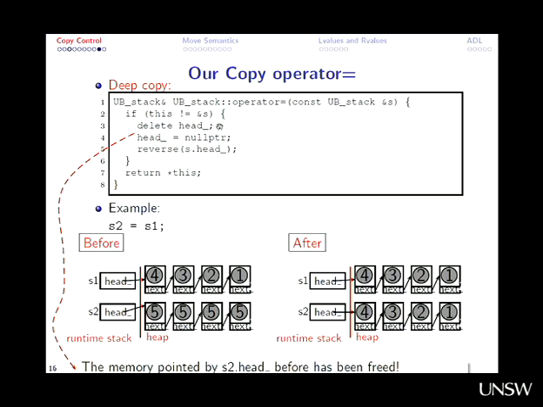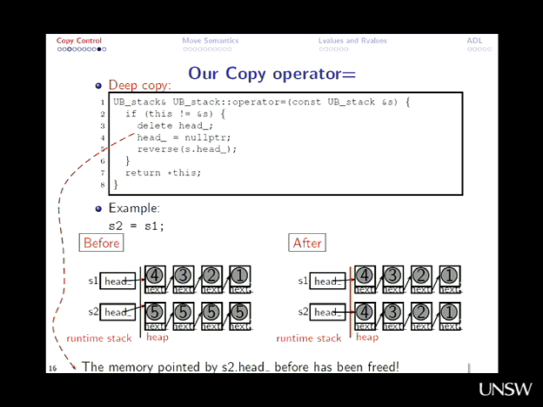Step 2, delete the stuff that's currently contained in your stack, because you want to replace that data. Okay, so delete the data you're currently storing. Then, set your head to nowhere, because you've deleted everything. Okay, so we've got to fix up that pointer.